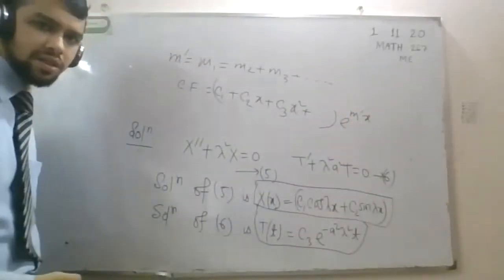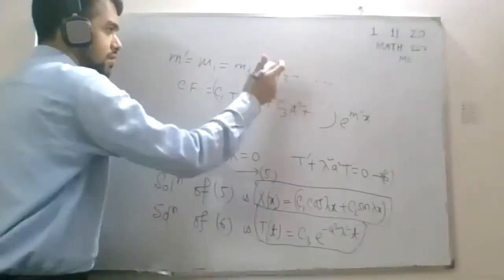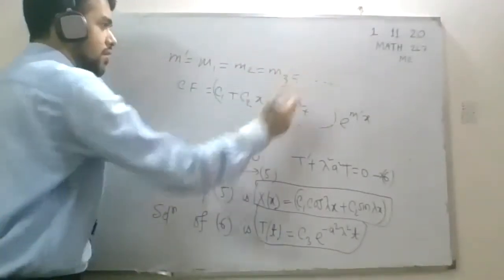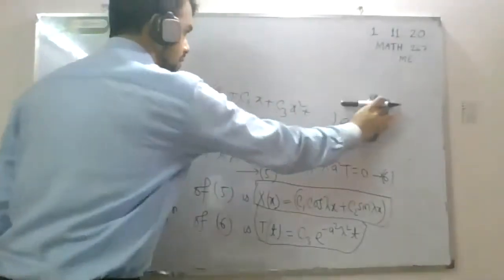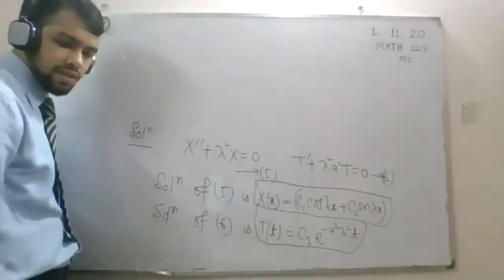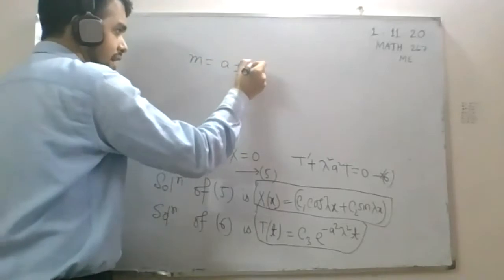So this is your complementary function for equal roots. And if your roots are complex or non-real roots, that means m equals to a plus minus ib.